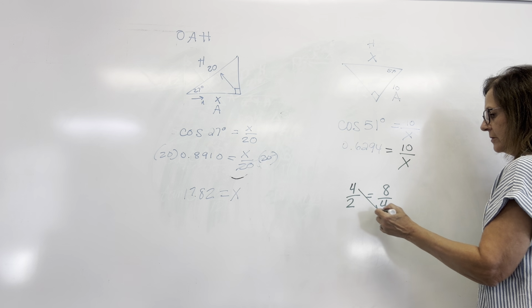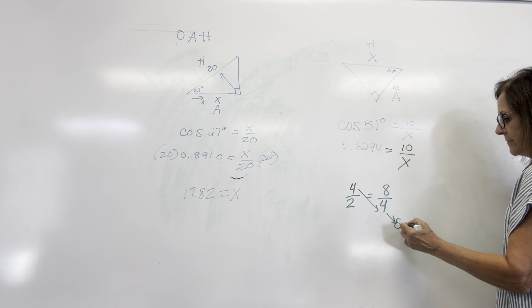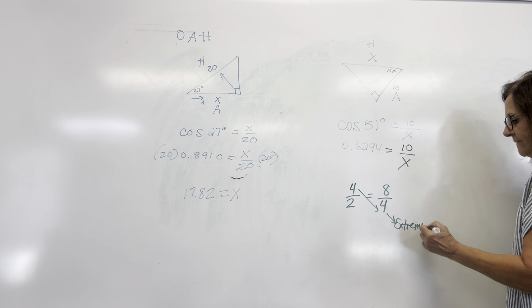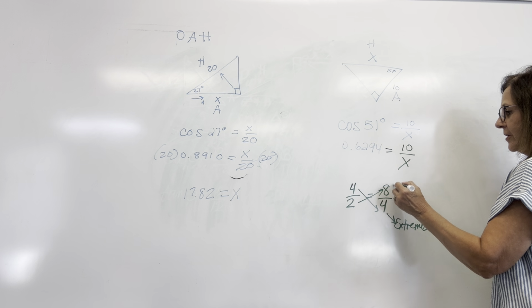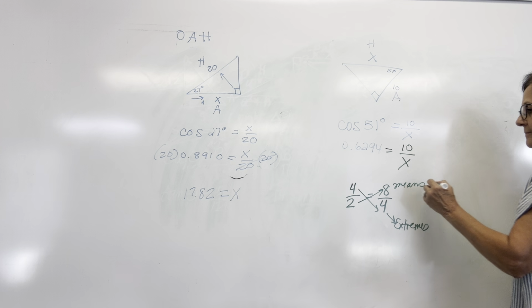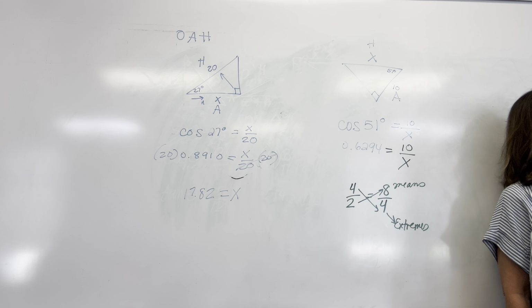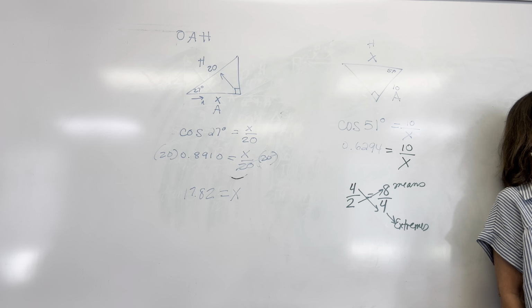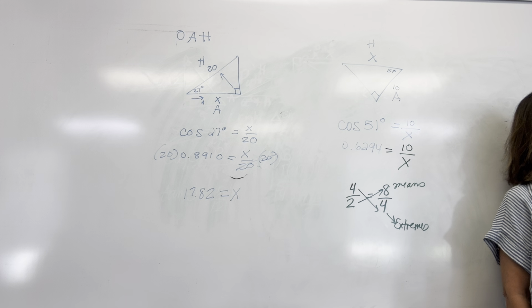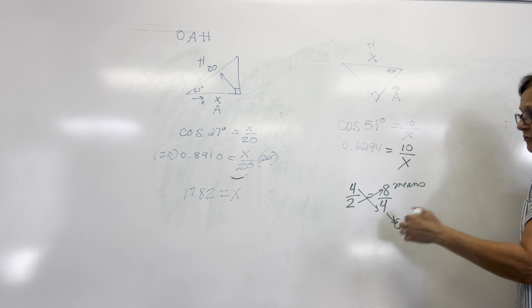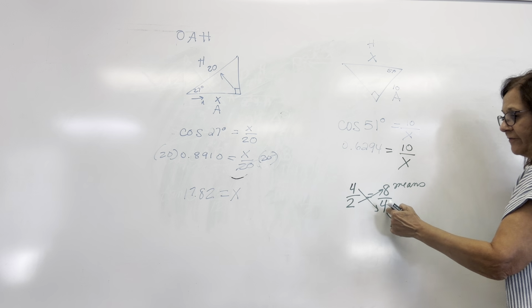These are called your extremes. There are no new words. These are called your means. I can swap my extremes without changing the value of an equation. My extremes are easy.